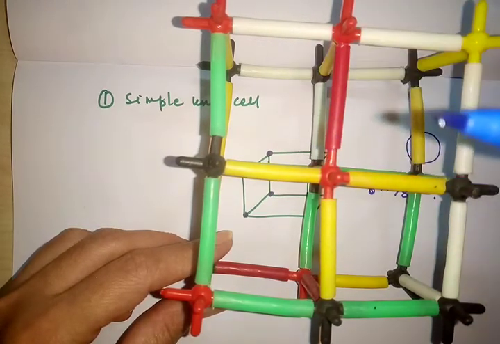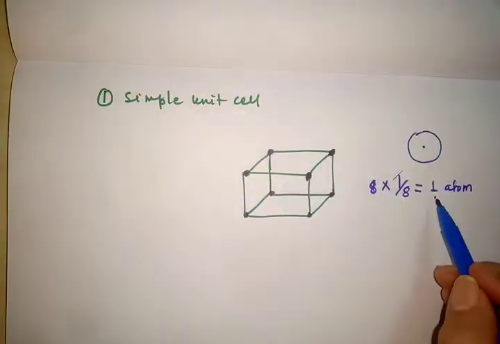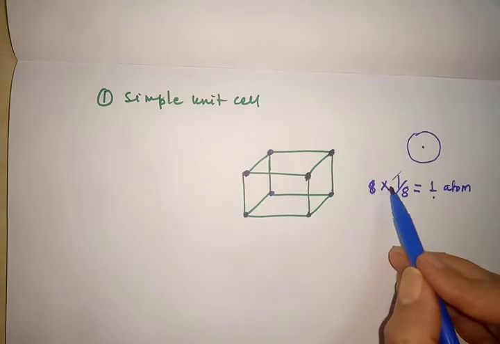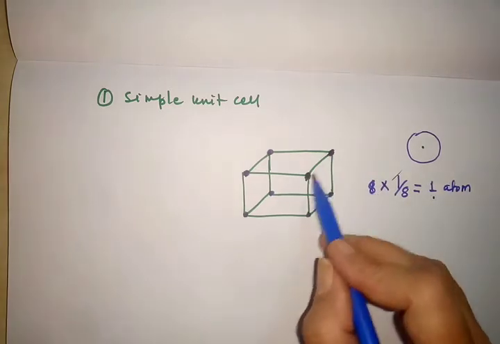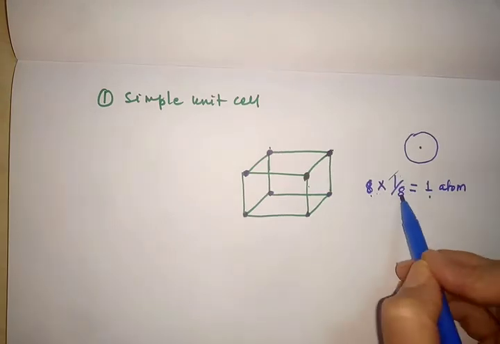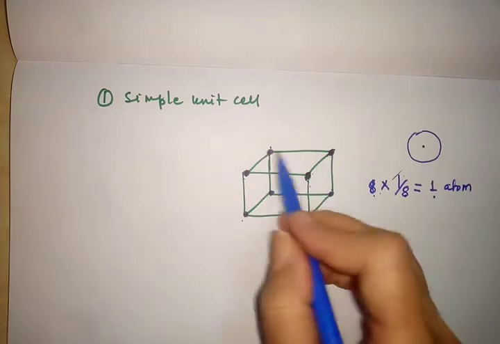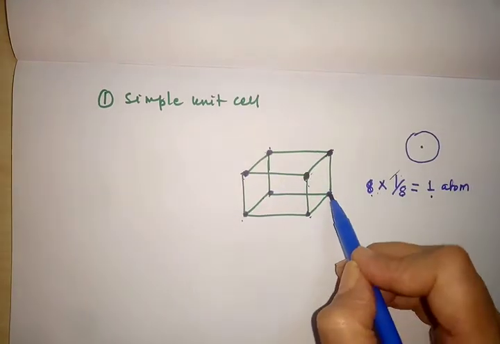In total it will be shared by 8 unit cells. So the contribution of each point at the corner will be 8 into 1 by 8. Because there are 8 corners, 1, 2, 3, 4, 5, 6, 7, 8, there are 8 corners.